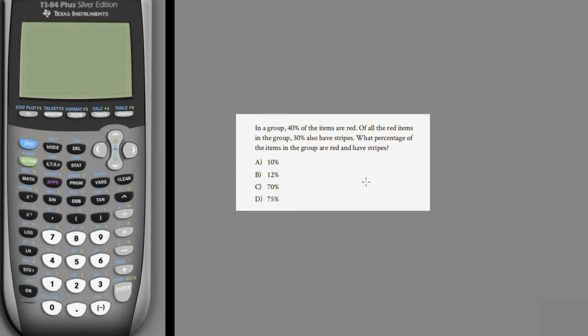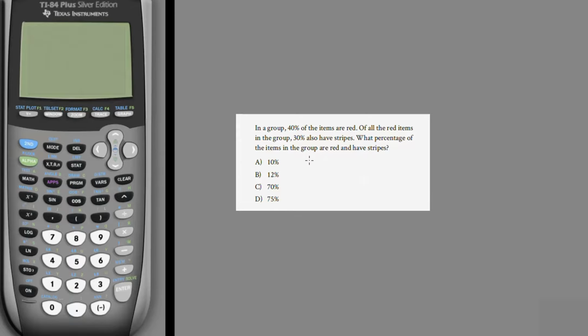And since it's talking about and, red and have stripes, probability of and deals with multiplication, right? Given it is or, it should involve addition, but since it's and, it involves multiplication. So let's solve this.